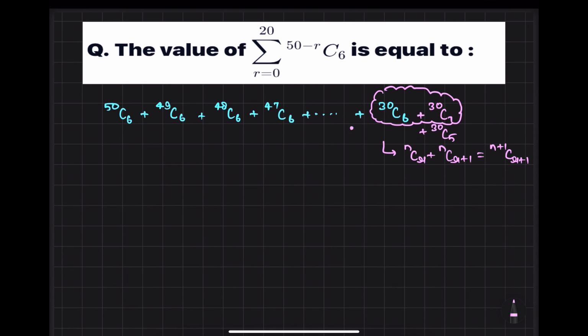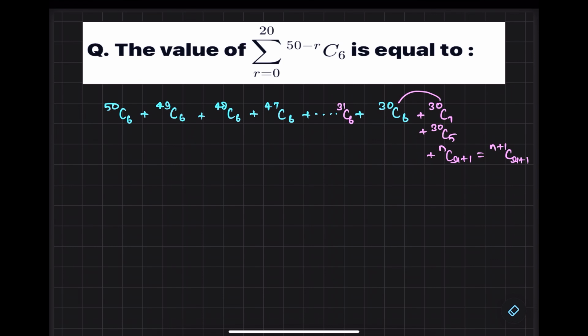Yes, it is consecutive, and the power is also going in the correct direction. So here we will have 31C7 and again we have 31C6. So we can initiate the chain reaction. So this idea is correct.